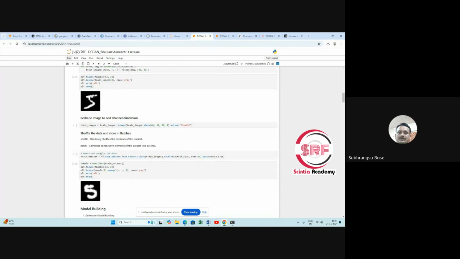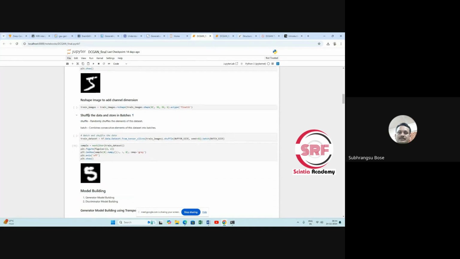Axis off, no axis, and then reshape the image to add the channel dimension. Now we add the channel dimension: train images reshape to 32, 32, 1, a single channel.